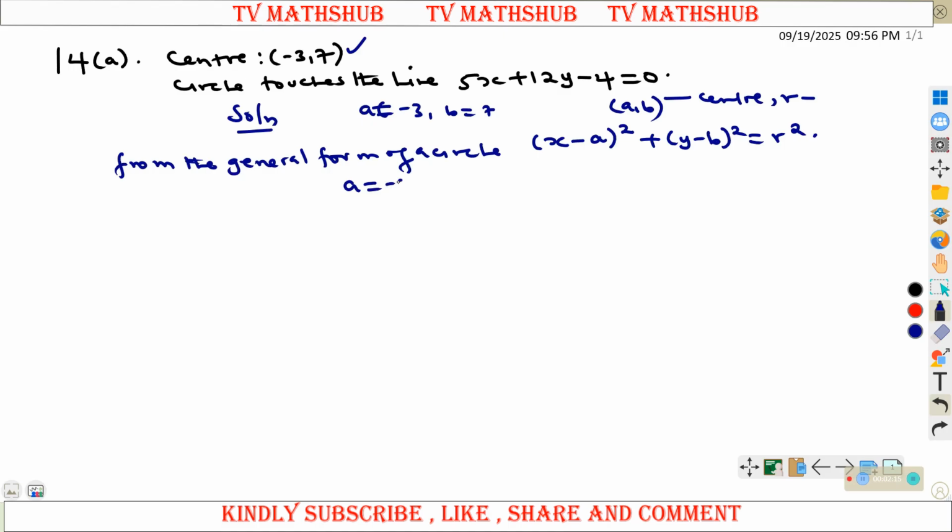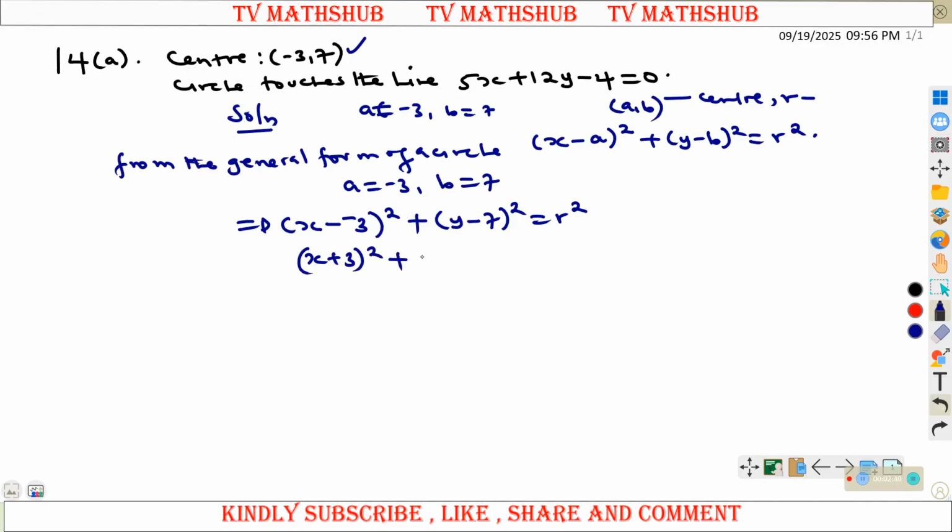we are having a as -3 and b as 7. So this will imply that the equation of the circle will be in the form (x - (-3))² + (y - 7)² = r², meaning that (x + 3)² + (y - 7)² = r².